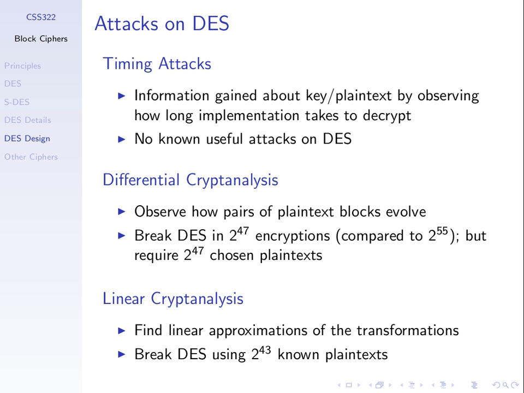That is, the attacker needs to know P1 and the corresponding ciphertext, P2 and the corresponding ciphertext, up to P2 to the power of 43 and the corresponding ciphertext. 2 to the power of 43 is about 8 trillion, 8 times 10 to the power of 12.